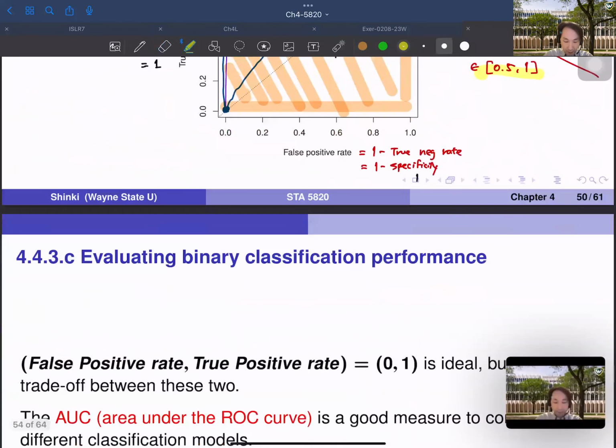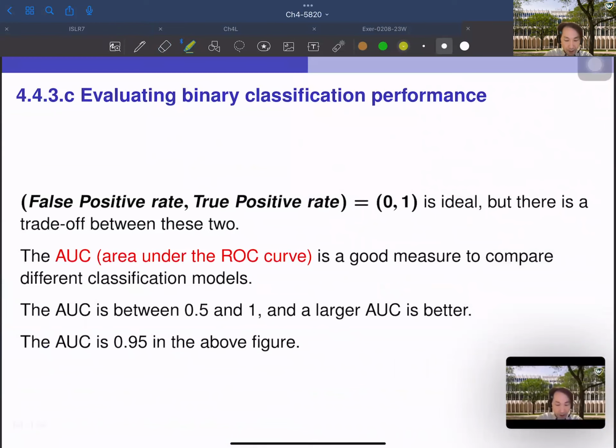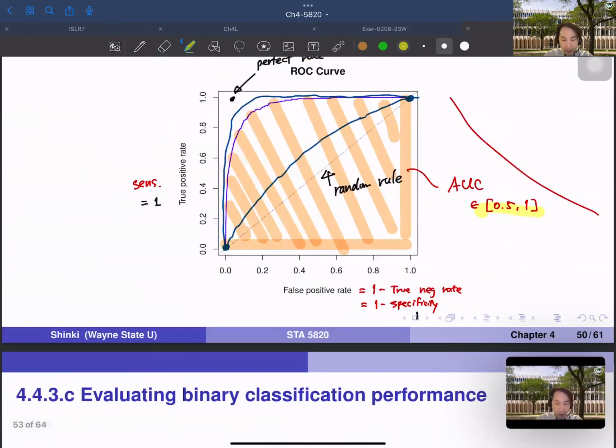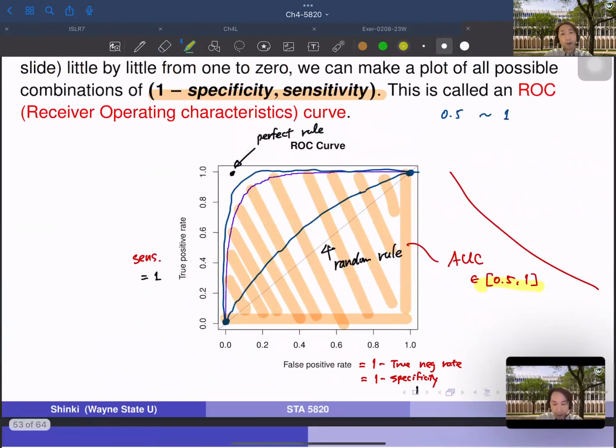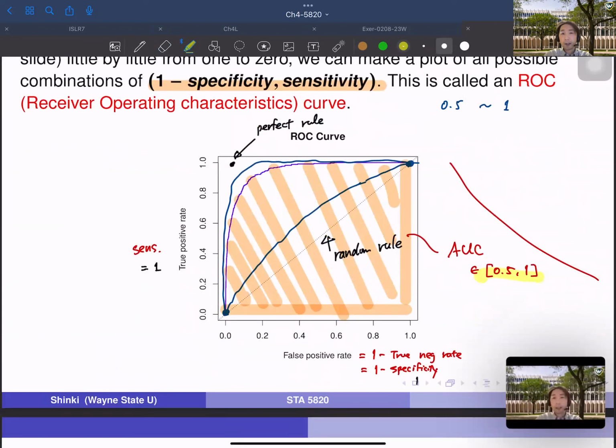So that is the concept of the ROC curve and AUC. And this is better than accuracy, better than sensitivity and specificity, because, for example, accuracy is based on just one threshold. If the threshold changes, then the result may change. But the AUC is a more comprehensive measure.